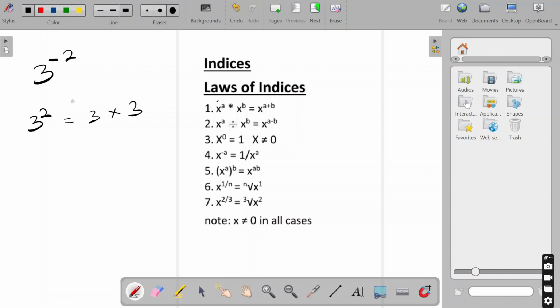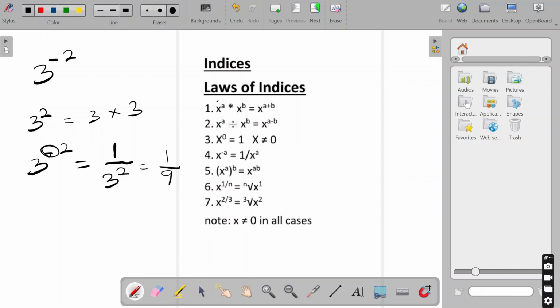All you need to do, the very first thing, is convert this minus to 1 like this: 1 divided by 3. Then you remove the minus, then to the power of 2. And that will give you 1 over 9.